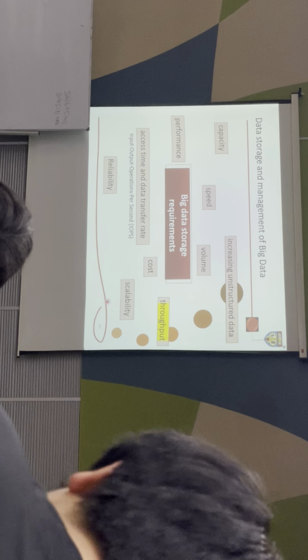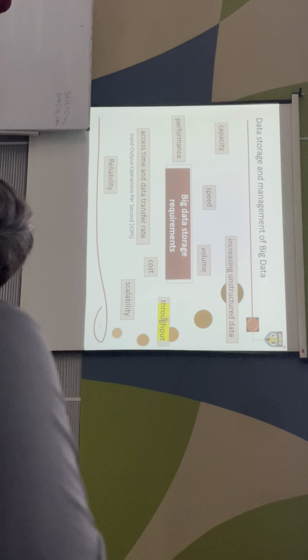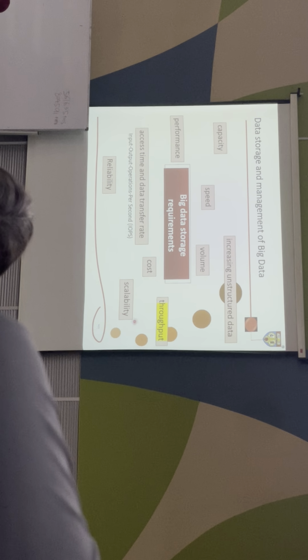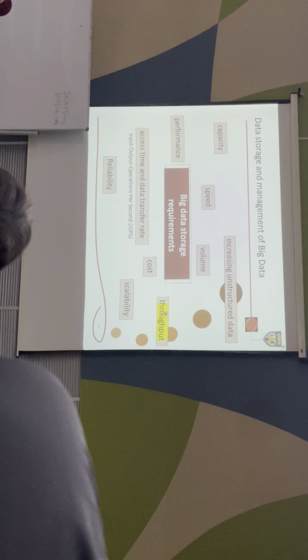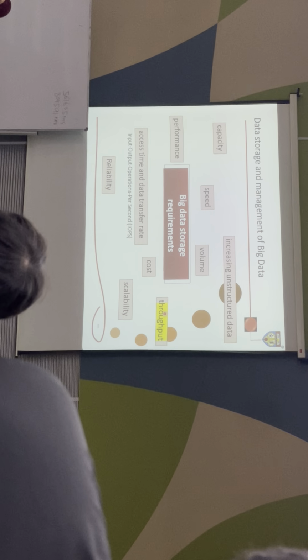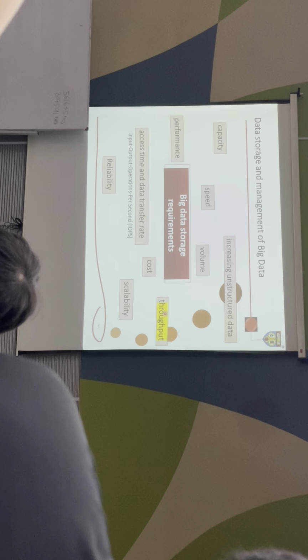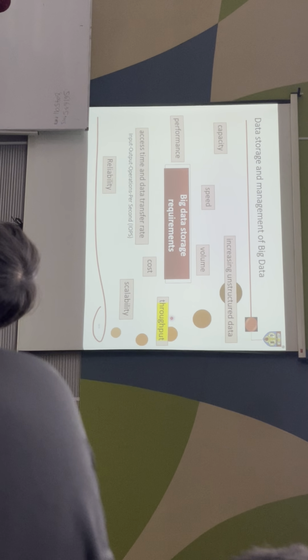And then the next criteria for your big data storage is throughput. So actually throughput refers to the amount of data that you can process, or the amount of data that you can transfer in a given time.